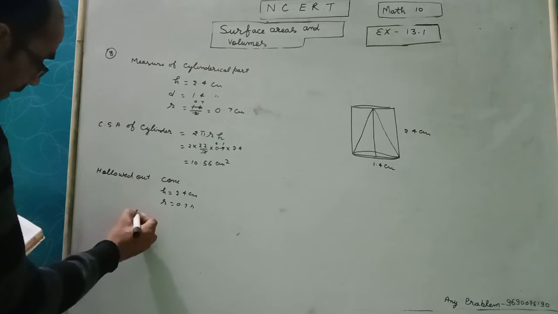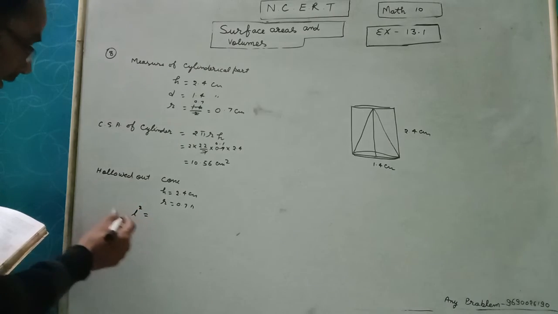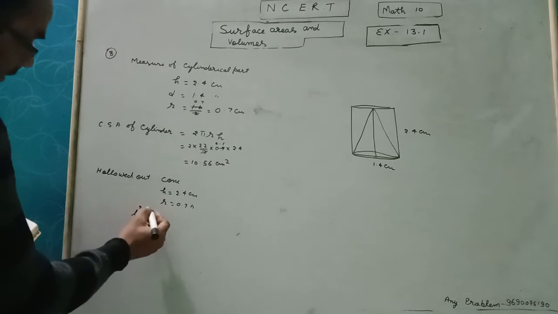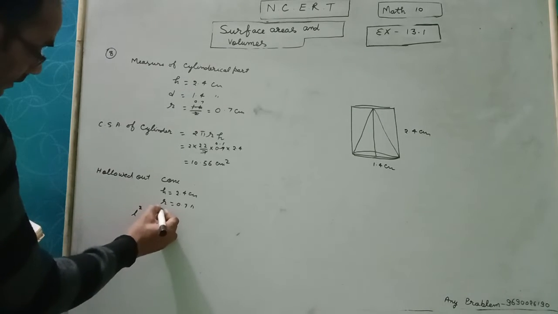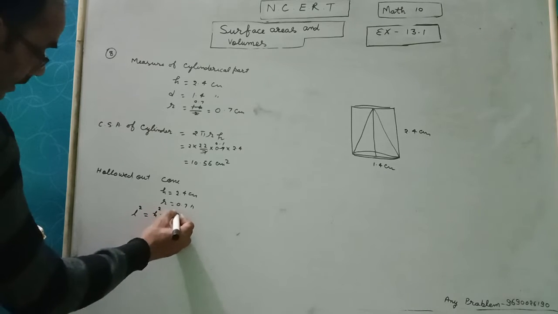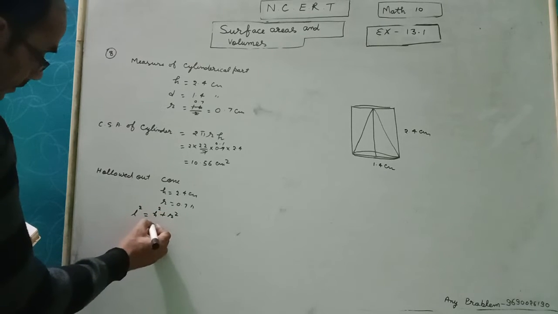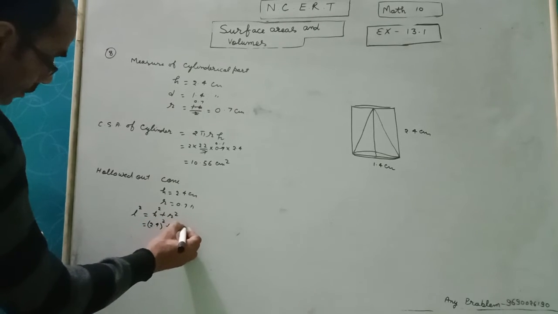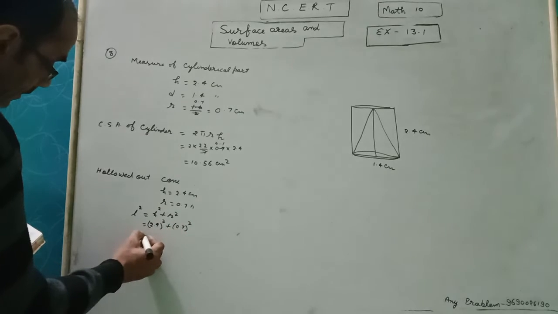At first, find the CSA. To find the CSA, we first find L square, which is H square plus R square, that is the formula. 2.4 is the H value, R value is 0.7.